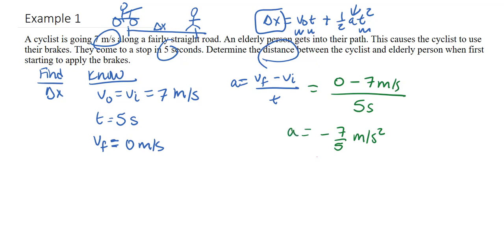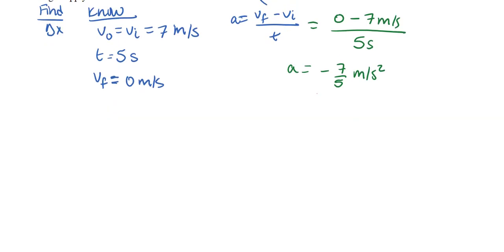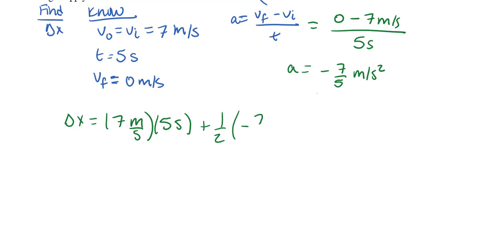So that's our a. Now let's go ahead and solve, because we found everything we need except for our change in x. So let's plug everything in. The change in x is equal to 7 meters per second times 5 seconds, plus 1/2 times our a value, and all the values that we plug in we are going to put in parentheses, and then we have 5 seconds squared. Now let's go ahead and solve.